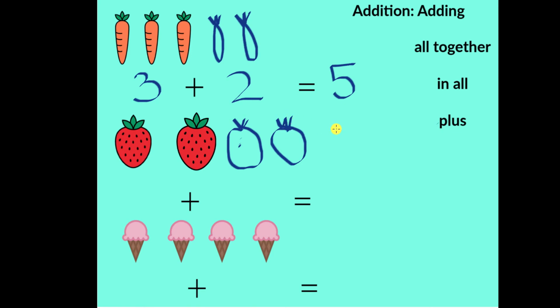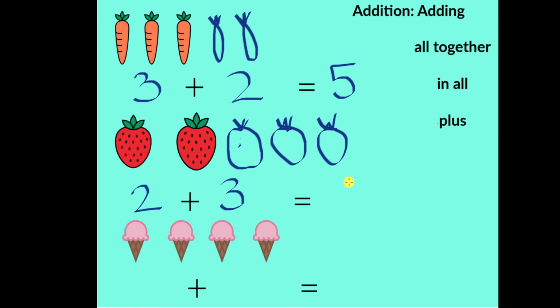So we're going to draw 3 more strawberries. Doesn't have to be perfect. And she put 3 more strawberries in her bag. So she started off with 2 strawberries, and she added 3 more strawberries. So let's count. 1, 2, 3, 4, 5. How many strawberries does she have in all?